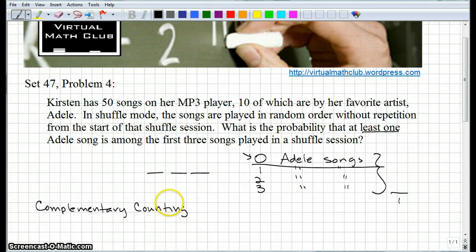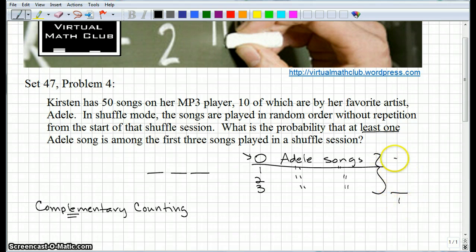Complementary counting has an E, not an I, so it's not a compliment like, wow, you did a nice job on that problem. It's complement, something that completes. So the complement of at least 1 Adele song is no Adele songs, because the probability of 0 Adele songs or at least 1 Adele song is 1, right?